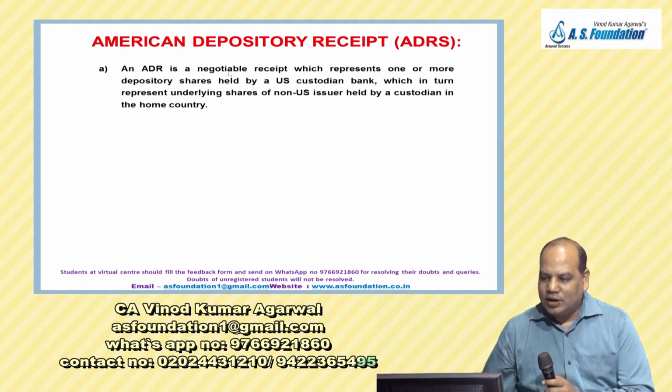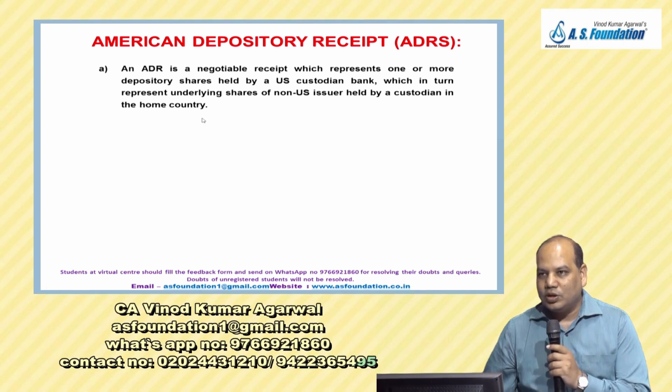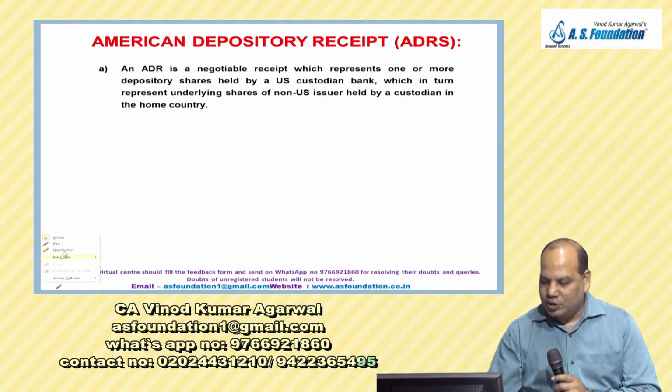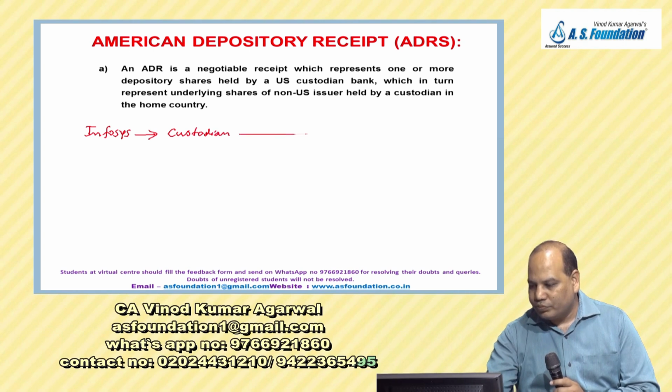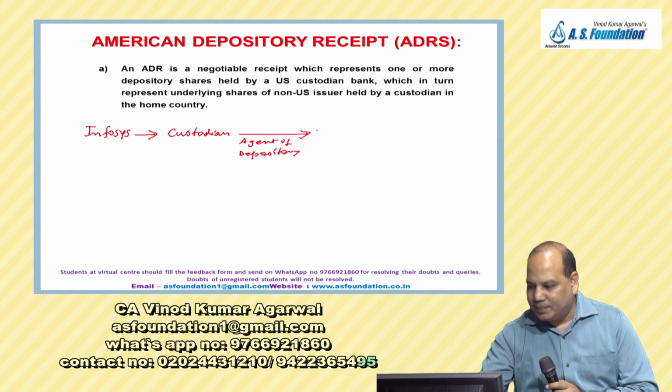So what is ADR? ADR is a negotiable receipt which represents one or more depository shares held by a US custodian bank, which in turn represents underlying shares of a non-US issuer held by a custodian in the home country. So simply put, suppose Infosys or Wipro wants to issue ADR, they will issue shares to the custodian. The custodian is an agent of the depository.